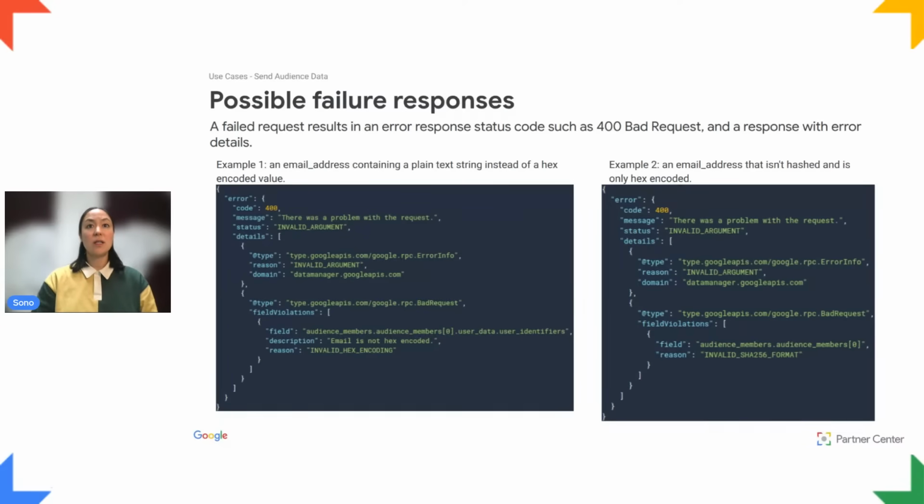Or an email address that isn't hashed and is only hex encoded, you would also see a different error response which says invalid SHA-256 format. So we do have different levels of error response codes. The reference in the documentation or the guides would give you more information about the various error scenarios.